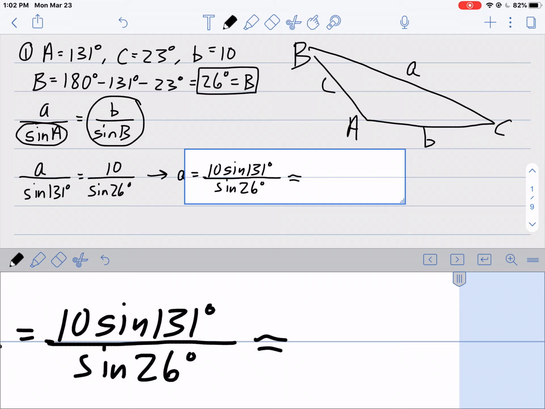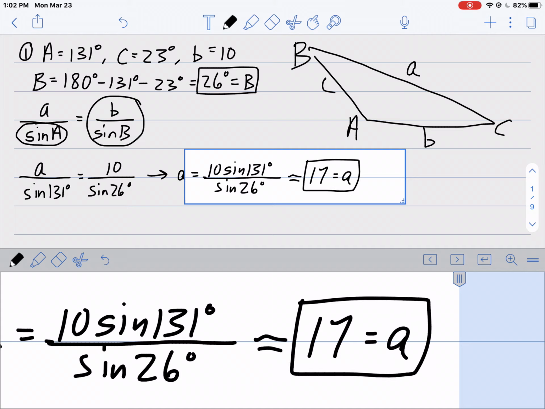If I was given values in the initial problem to the nearest tenth, then I'm going to round to the nearest tenth. So I just use that as a guide so that each of my values is rounded to the same place value. So in this case, A is approximately 17, if you plug that into your calculator. And so there is the length of that side.